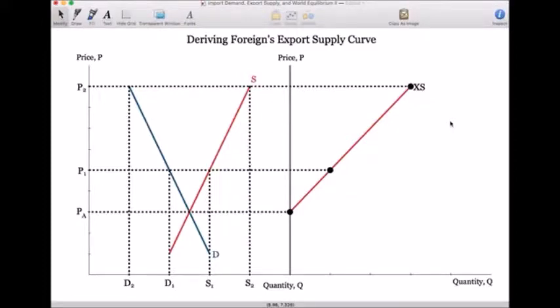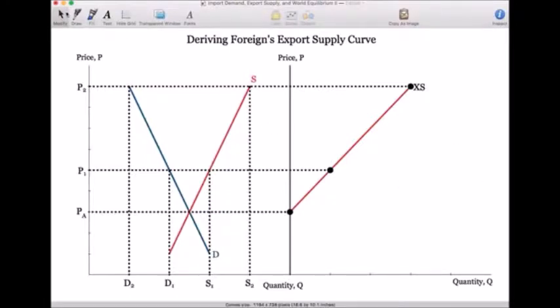But as the world price migrates upward, we can see that in that marketplace, domestic supply is going to exceed domestic demand, and that is going to give us the quantity that is going to be supplied in the export market. And as we see, as the price migrates upward, the quantity of export supply increases.